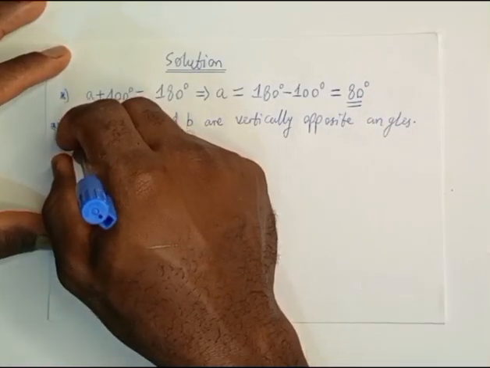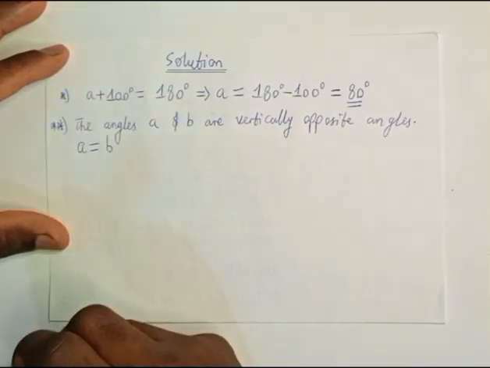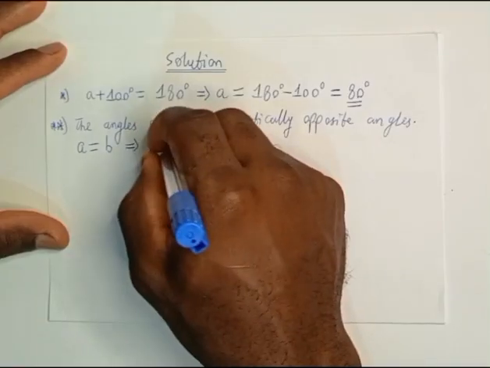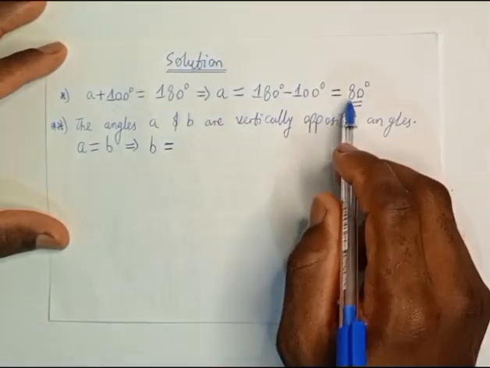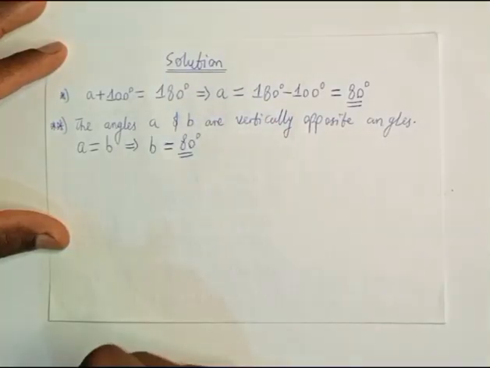Vertically opposite angles are equal. That means A is equal to B. Then our angle B will simply be equal to A, which is 80 degrees.